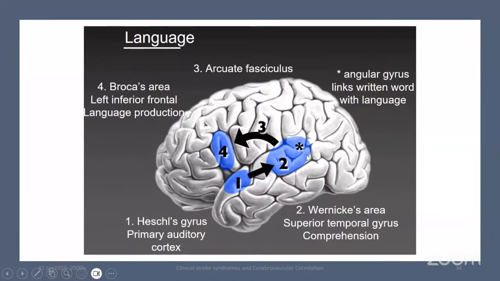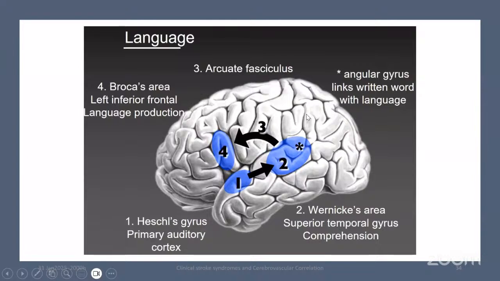This area is connected to the inferior frontal gyrus on the left side, Broca's area, for language production, through the arcuate fasciculus. There's one particular area, the angular gyrus, which links the written word with language. The written word is seen with the visual cortex, and it connects with language.